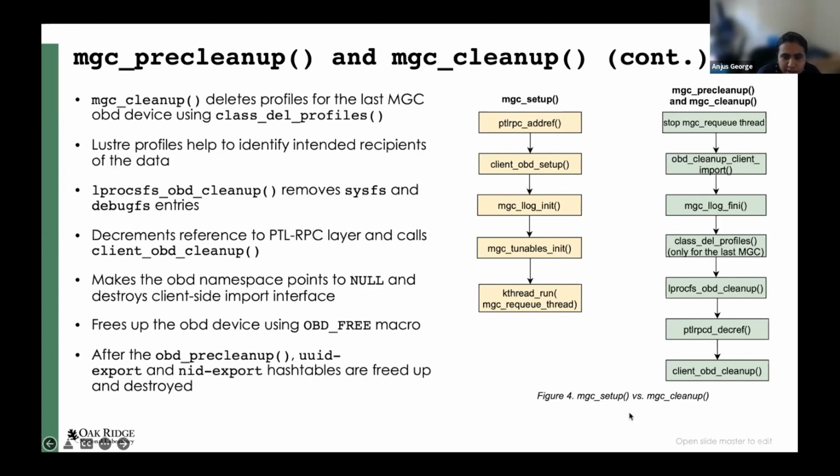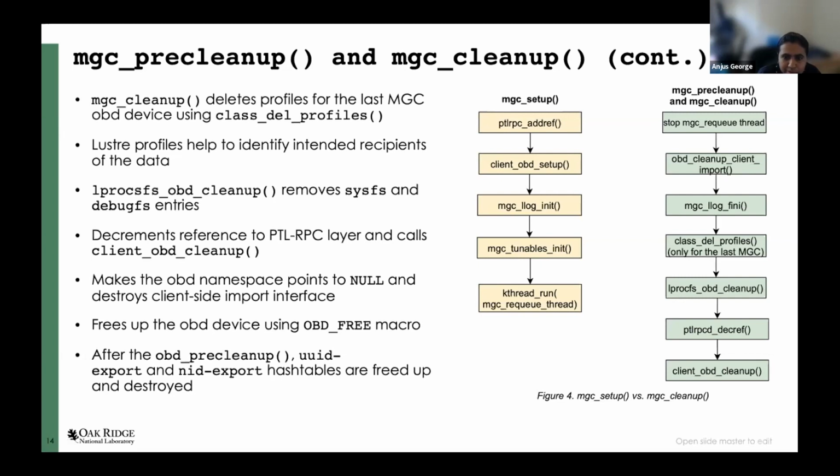So the MGC cleanup function then deletes the profiles for the last MGC OBD device using class delete profiles. When MGS sends a buffer of data to MGC, the Lustre profiles help to identify the intended recipients of the data.